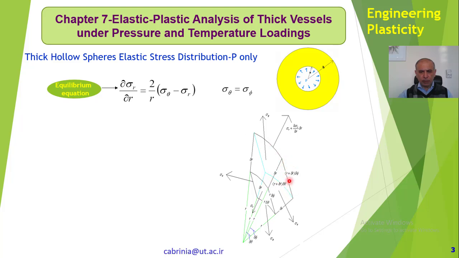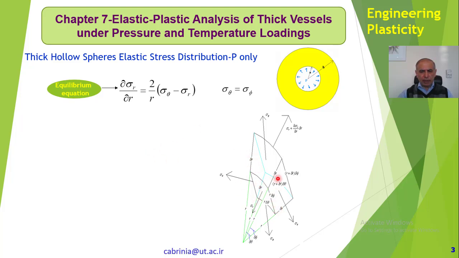That big area is this times that. And in the r direction, therefore, we have some components of sigma theta, sigma phi as well, but sigma theta, sigma phi are equal because we have here axial symmetry.